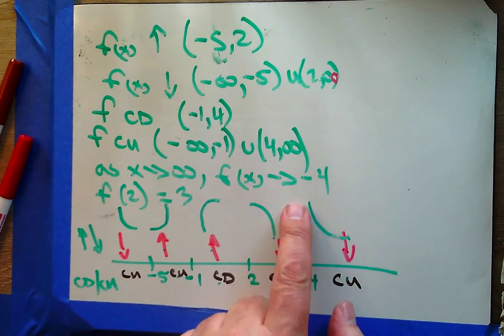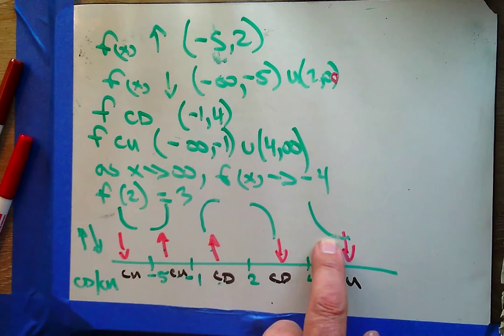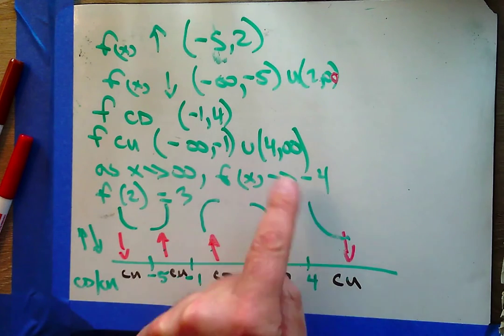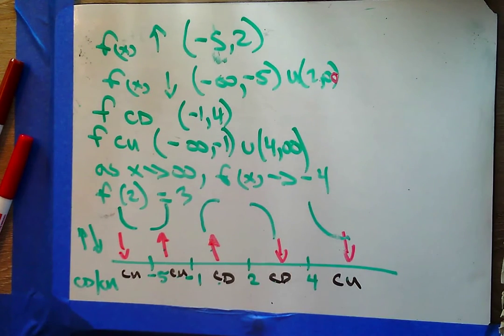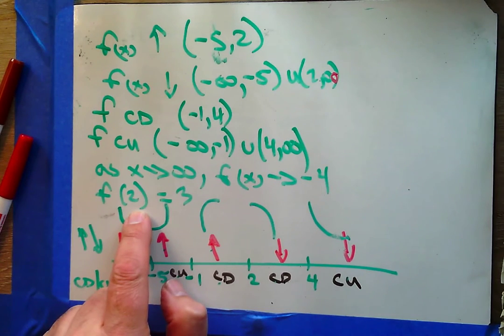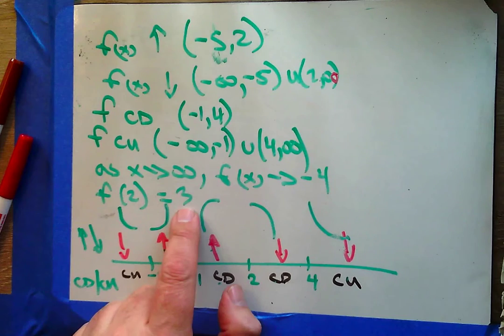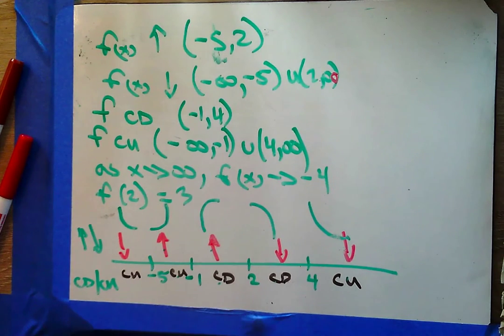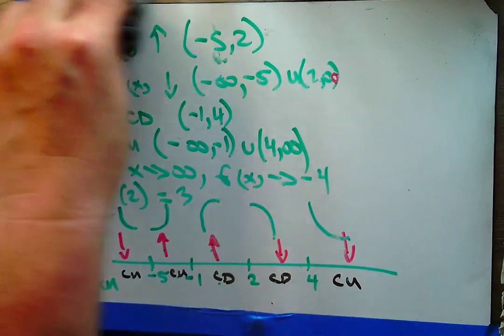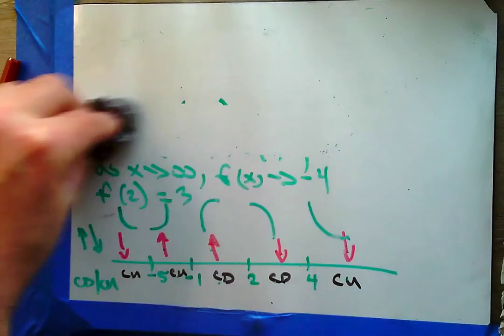And that makes sense to me here. I'm decreasing and concave up as I approach the y value of negative 4. And then this is just an anchor point on the graph. We've got this x value, but by the way, the y value there should be 3. Okay? So let's see if we can pull this information together into a graph.